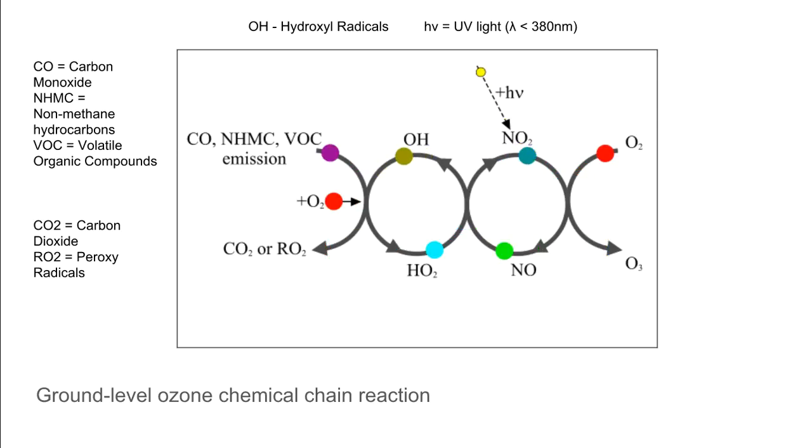So, to produce tropospheric ozone, you have to take certain groups of gases, volatile organic compounds, non-methane hydrocarbons, carbon monoxide, and combine them with hydroxyl radicals and so forth. And eventually, through the emissions of some of the longer wavelength UV radiation, you can then break apart those NOx gases to produce free oxygens, which then combine with O2 to produce ozone.